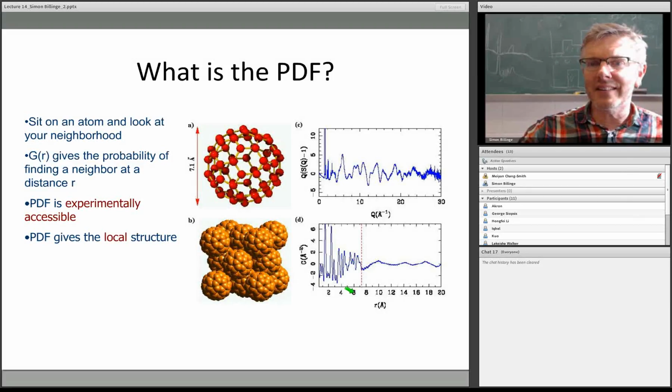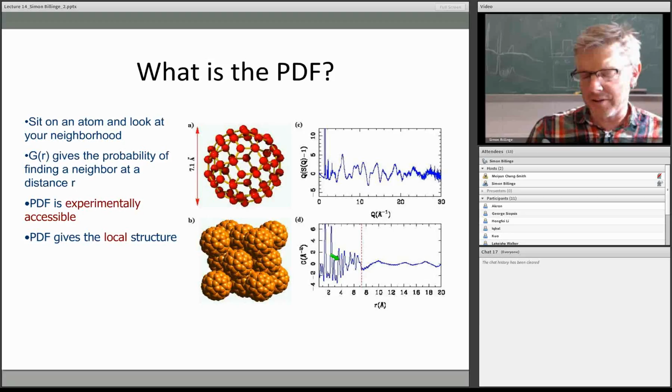This is a 6 and this is an 8. So this last sharp peak is exactly at 7, actually 7.1. So this PDF, coming just as a Fourier transform of diffuse scattering, has all the positions of the atoms in the C60, and we've later shown that we can actually solve the structure of C60 from this information.